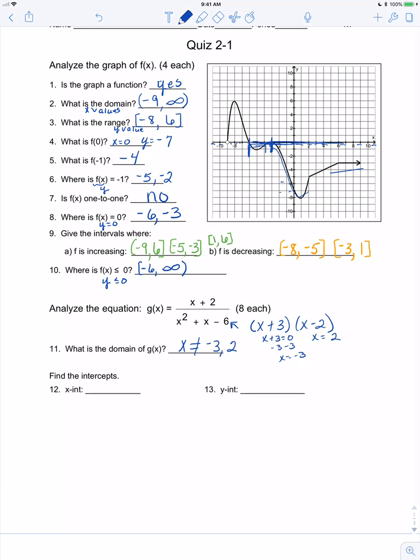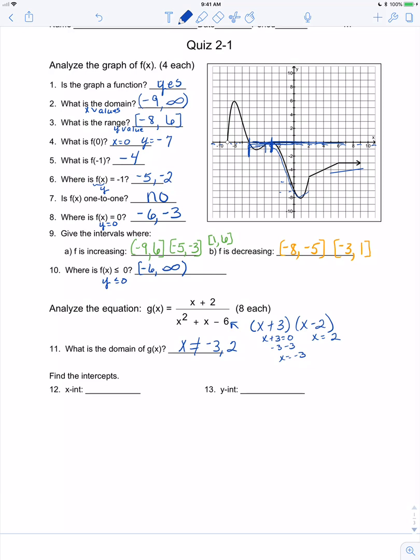All right, so remember, now we're going to find our x-intercepts and our y-intercepts. So the x-intercept is when y is equal to 0. Well, if y is equal to 0, then really all you're left with is the numerator.